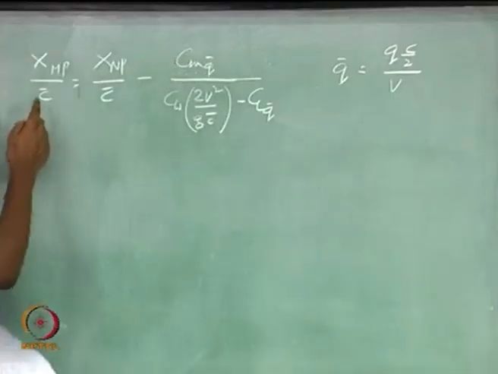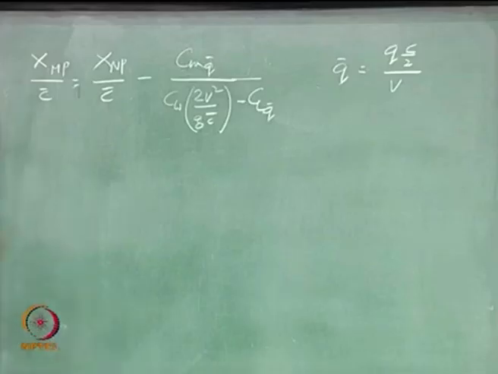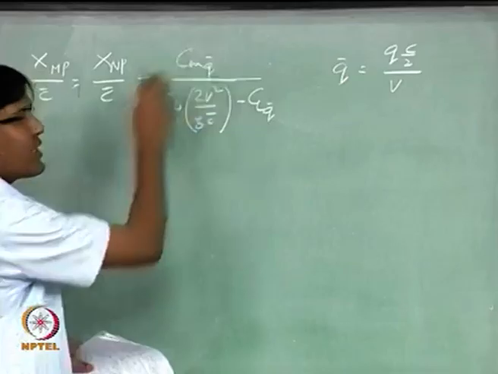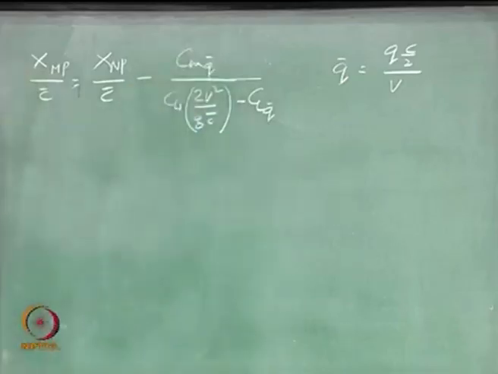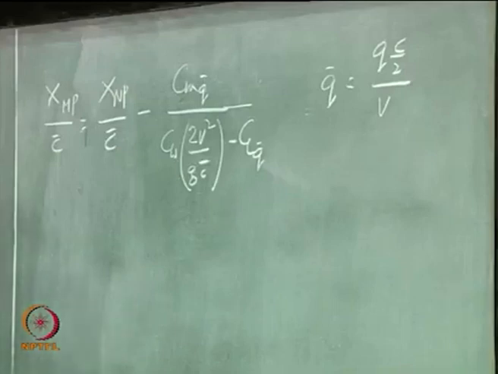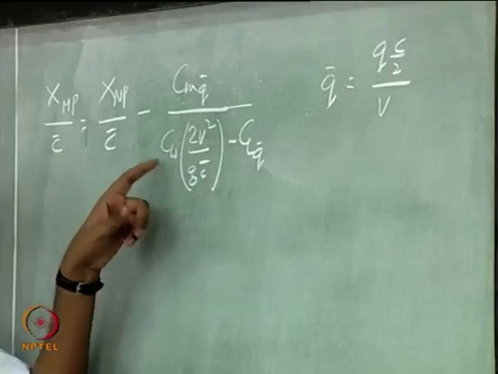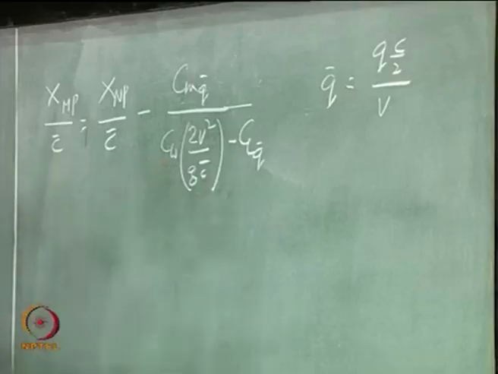So, clearly this is going to lie aft of the neutral point, because we said that CMq is negative for positive damping in pitch, and this quantity is positive because CW is the weight coefficient, which is going to be very large, right.